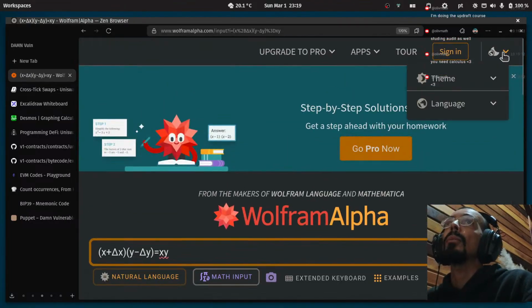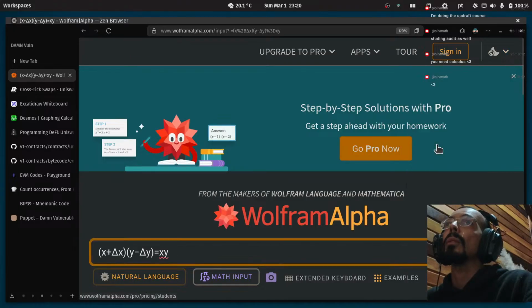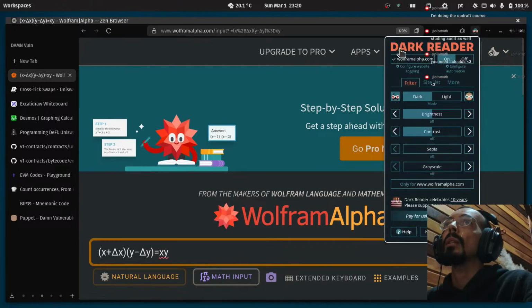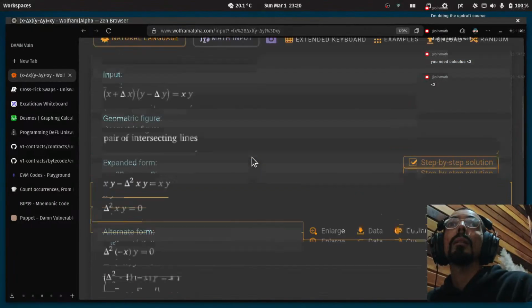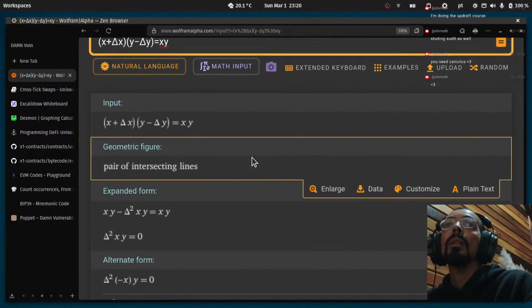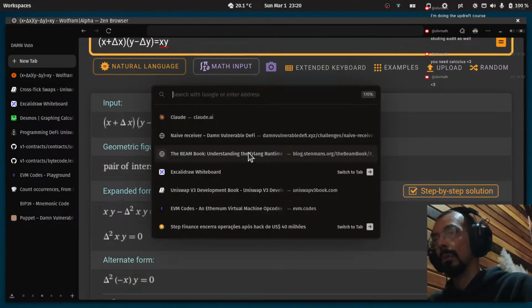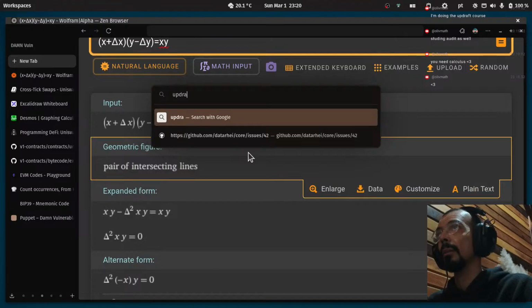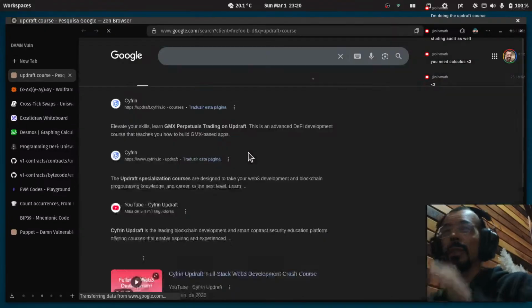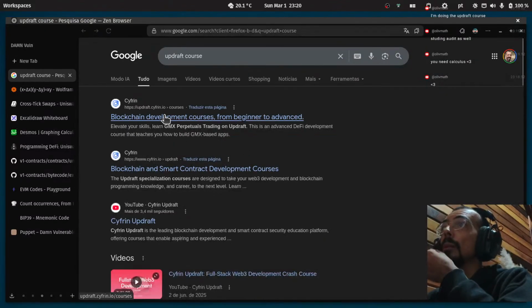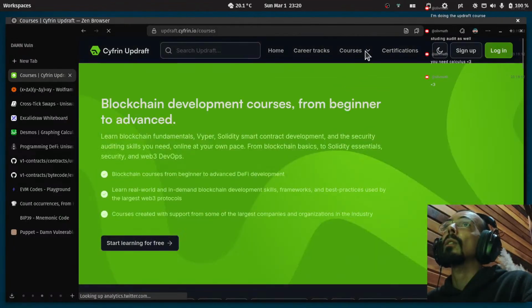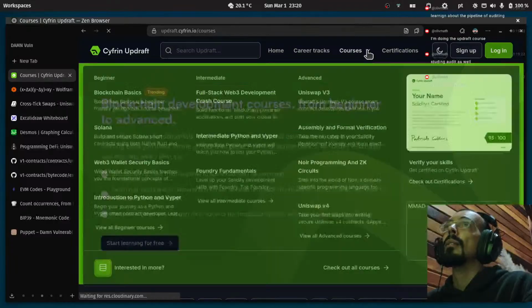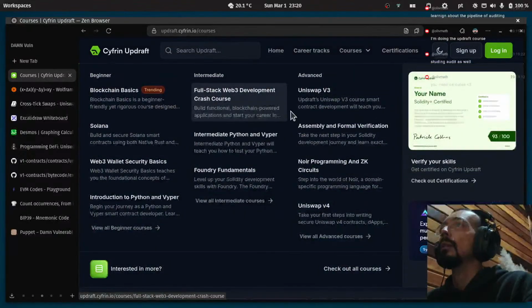Oh, they have dark mode. Okay, so we can disable this. Nice. I'm doing the Updraft course. Ah, that's cool. The Updraft course for Cyfrin, right? That's a cool course. They have Solidity basics and also the audit.